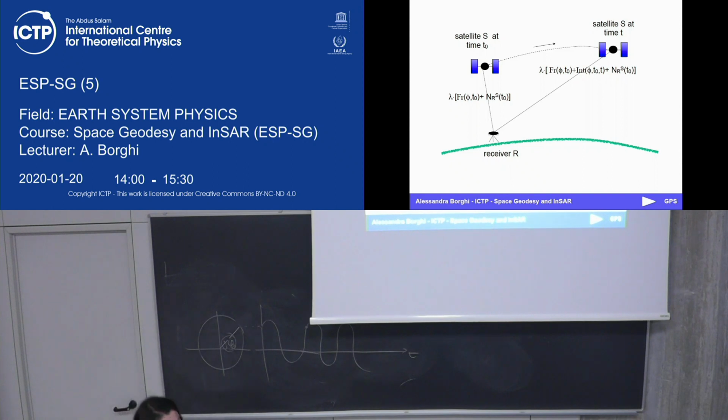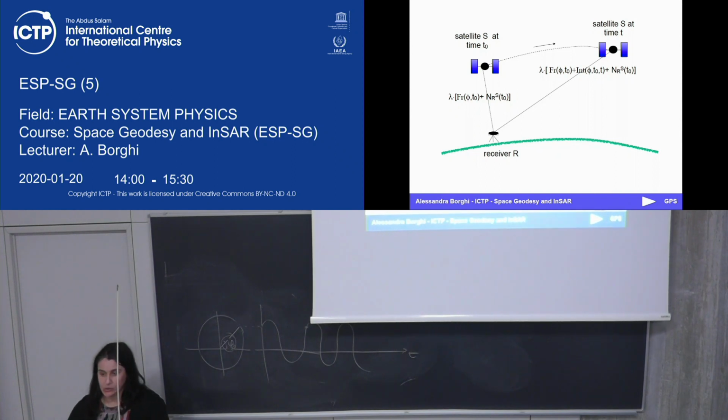So at time T0 we can do this measure, this fractional part, but we don't know the integer number of cycles between the satellite and the receiver. But after, the satellite is moving with respect to the Earth, to the receiver, and we can start to count the integer number of cycles. So at T0 we measure a fractional phase.